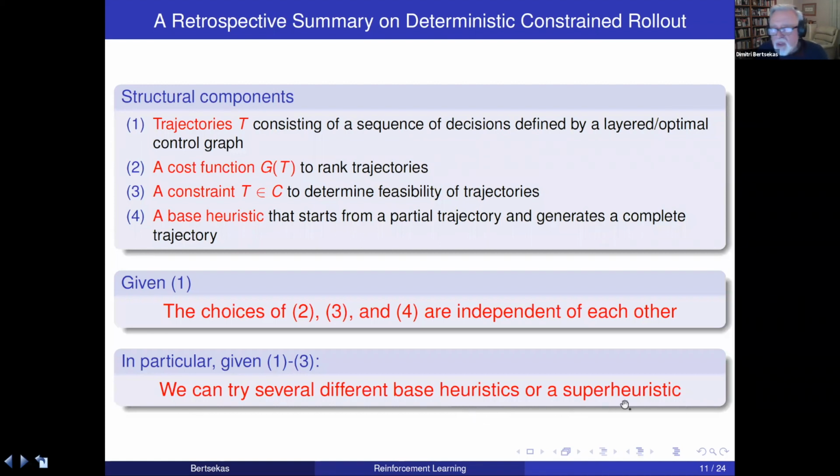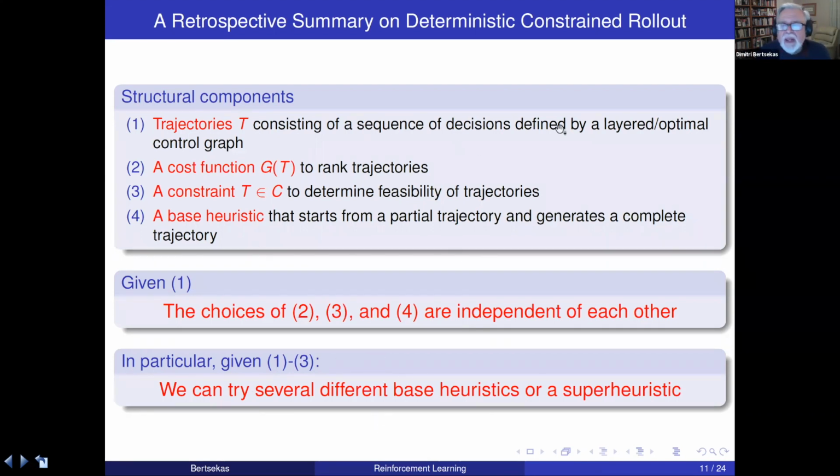So you discard those and check and compare the ones that give you feasible trajectories and then pick the one that gives you best cost. So you can have multiple heuristics, combine them together, and all of these choices are independent of each other.